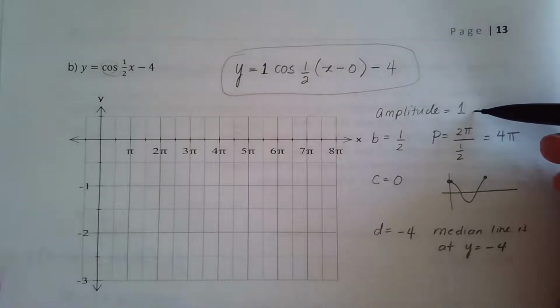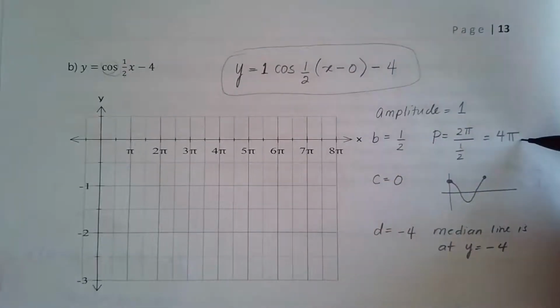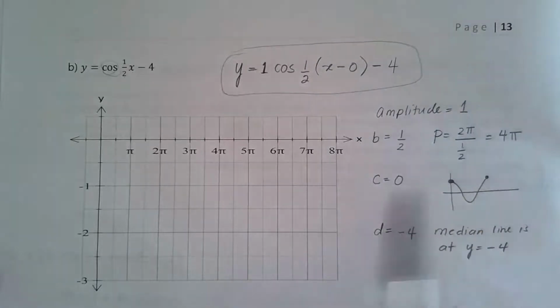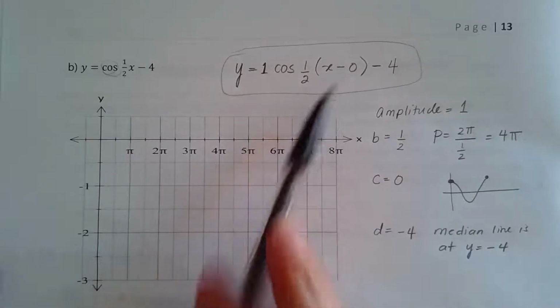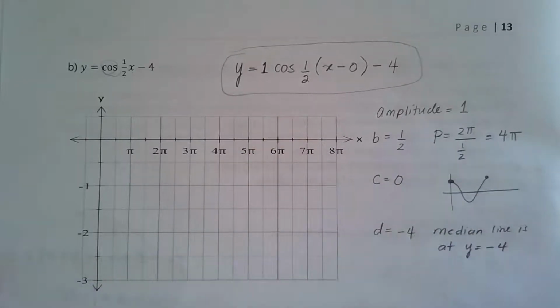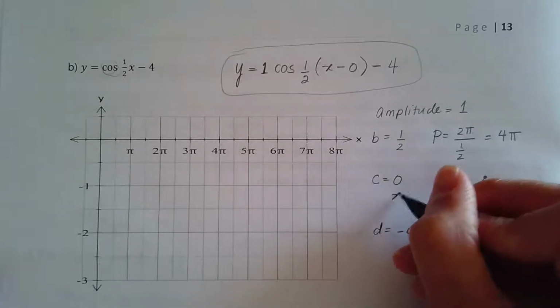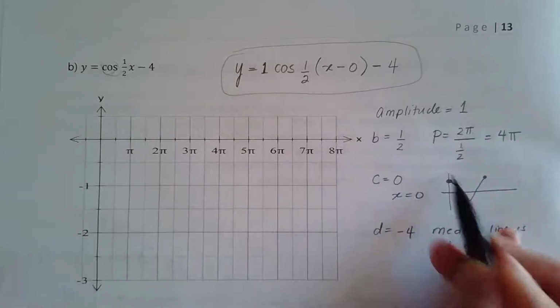The amplitude is the A value. We can figure out the period, how long it takes to make one complete cycle. There is no horizontal shift or phase shift, so the starting point for cosine will stay in the same place, x equals 0.